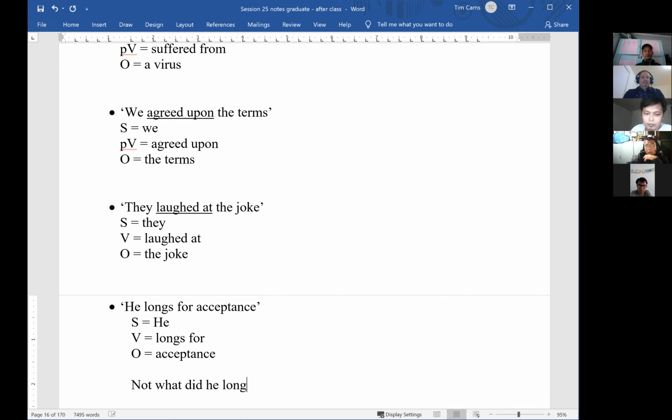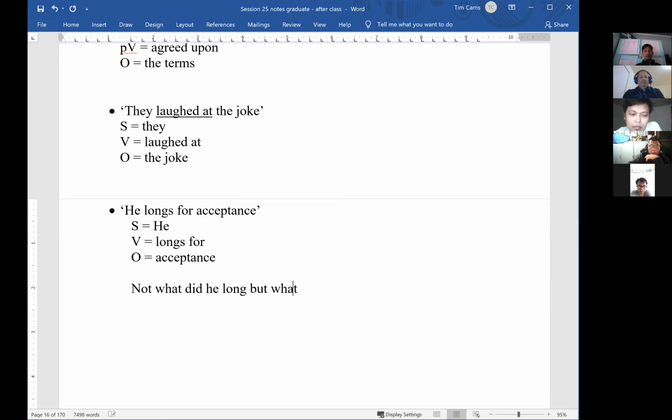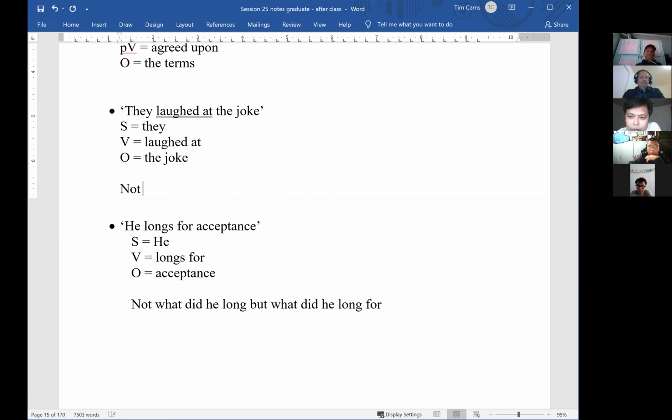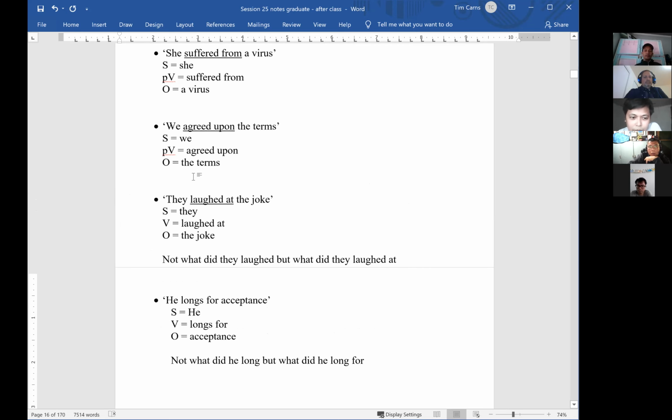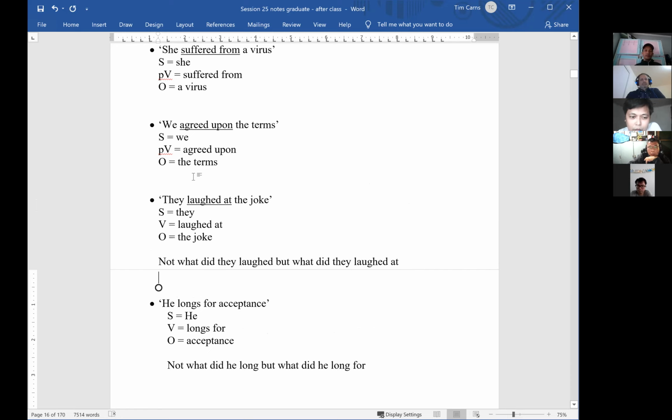Or what did we agree is wrong. I would ask, what did we agree upon? Yeah, exactly. When I do that, automatically, right after the verb, there needs to be a proper preposition. I wouldn't ask, what did she suffer? But I would ask rather, what did she suffer from? So automatically, there is a needed proper preposition for that particular verb.